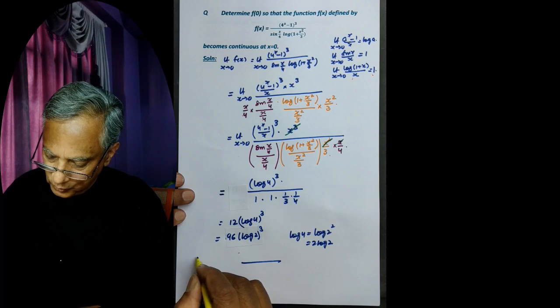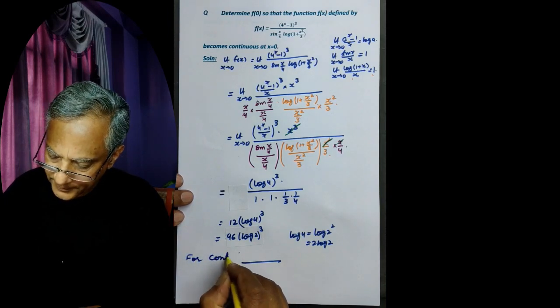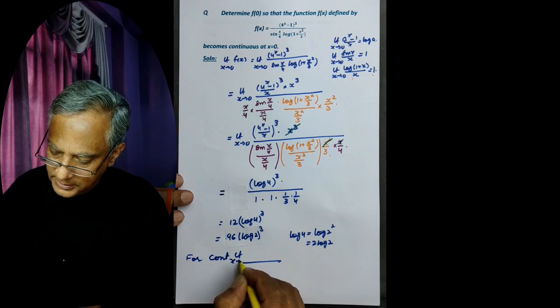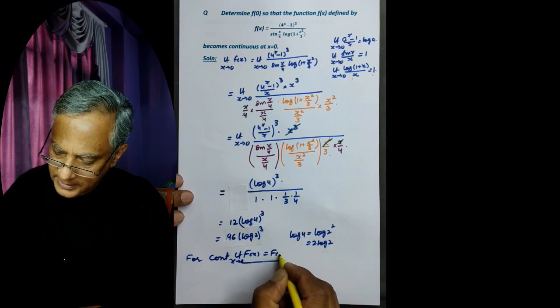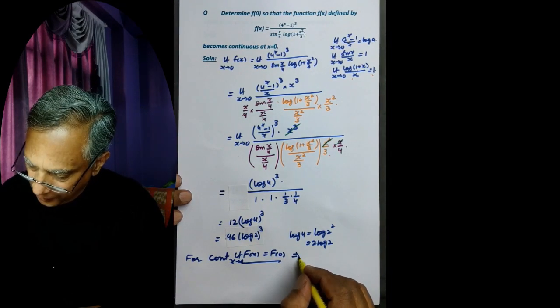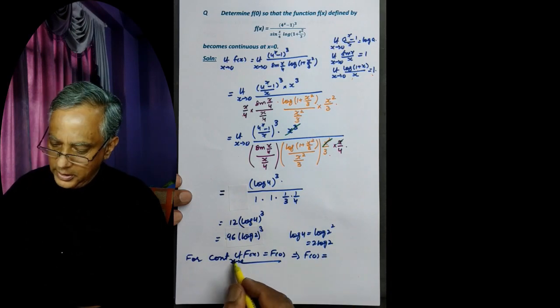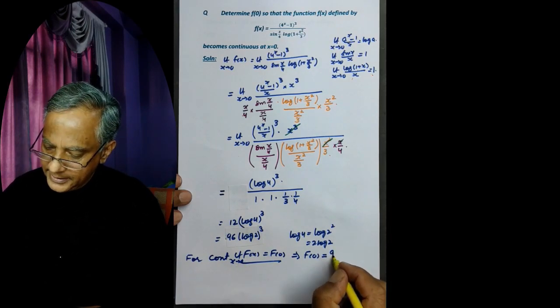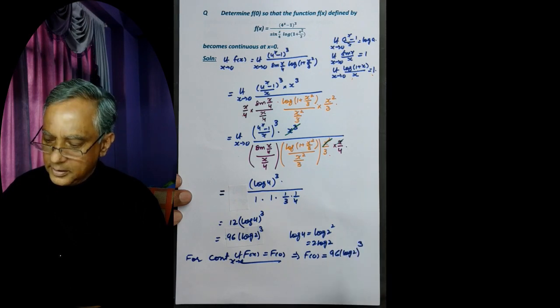Therefore, for continuity, limit x approaches 0 of f(x) must be equal to f of 0. That is, f of 0 must be equal to this limit, that is 96 log 2 whole cube.